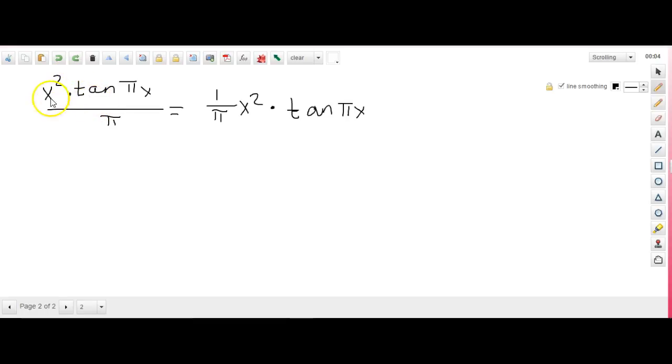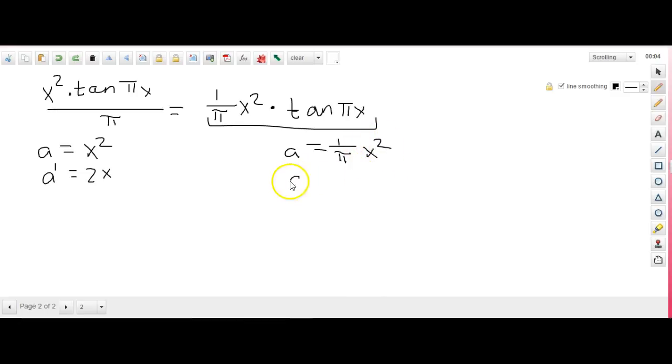So our first function is x squared. I'm going to call x squared a. So we will need the derivative of that. Derivative of x squared is 2x. If you're writing it this way, you could say a is 1 over pi x squared, and then a prime would just be 2 over pi x.